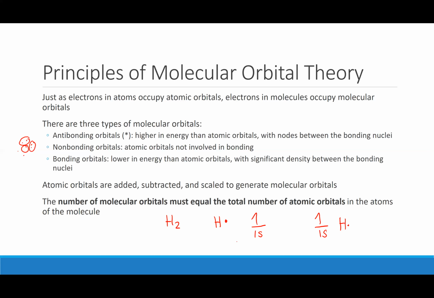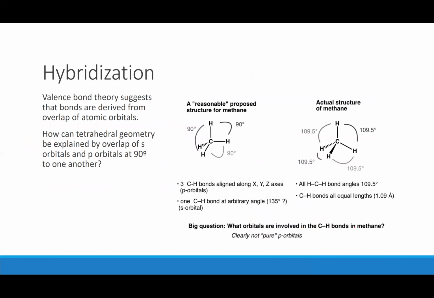So when they come together to bond, they should have two molecular orbitals in total. We're going to talk about that when we look at hybridization. But again, the number of atomic orbitals going in should ultimately equal how many, not the kind, but how many, molecular orbitals there are in the resulting molecule.